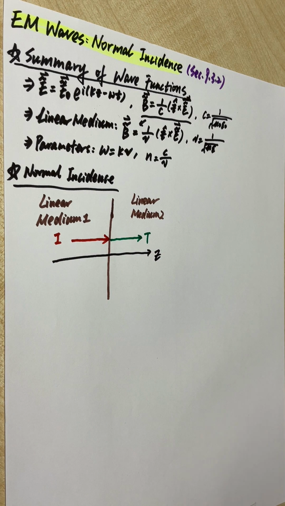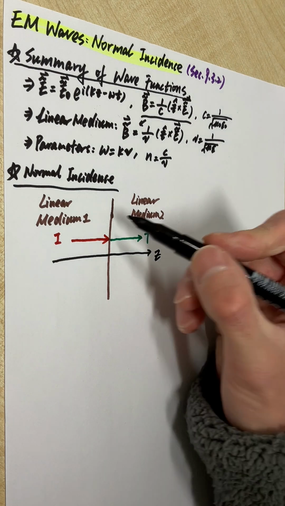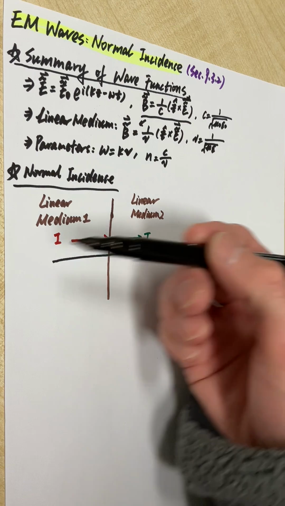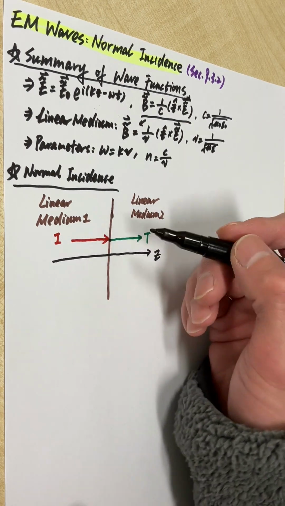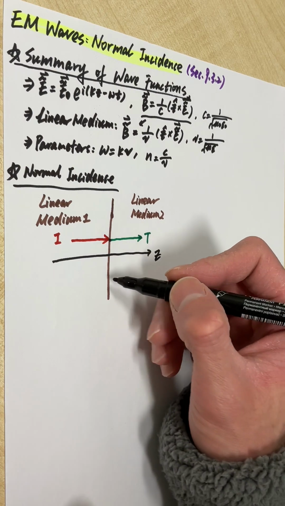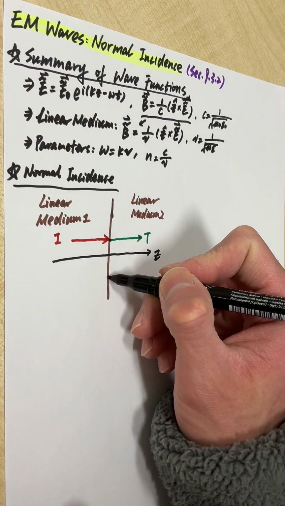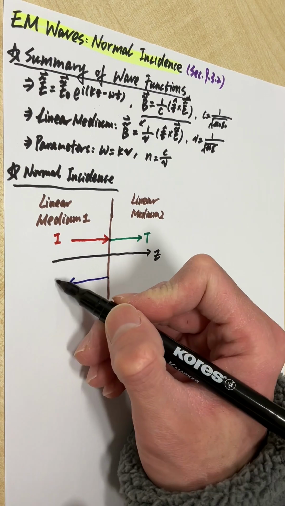We also have the reflection. Reflection actually happens at this point and travels in the opposite direction to the incident wave, but in order to present it more clearly, I draw it from here, coming back, as the reflection.